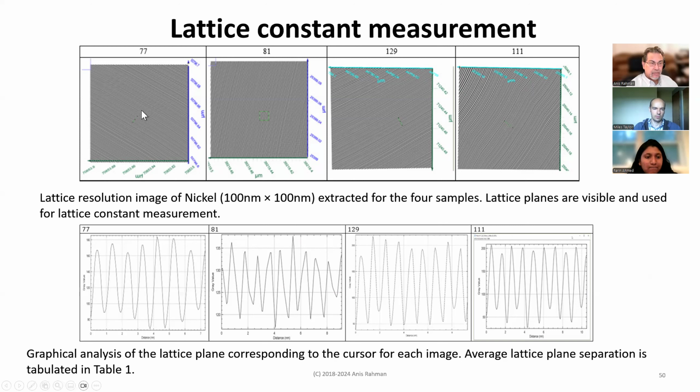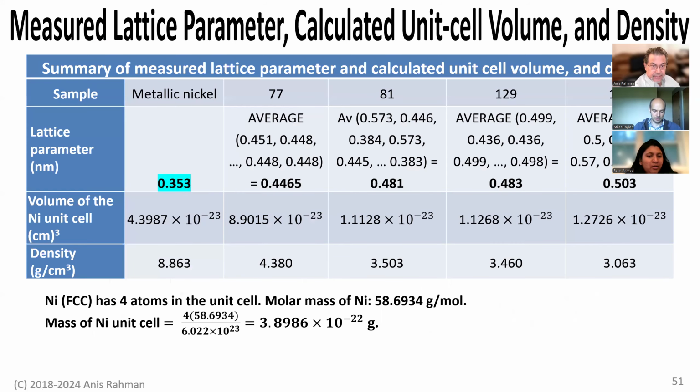We take a line across the lattice plane that shows the intensity distribution, or what you call a profile map, and then use the full width at half maximum to calculate the lattice spacing. And in this case, we found that the metallic nickel lattice has expanded because of the applied electric field.